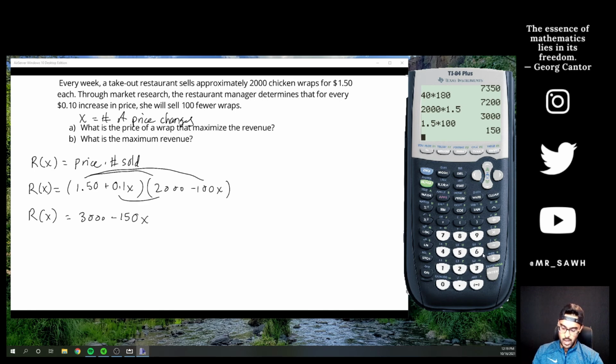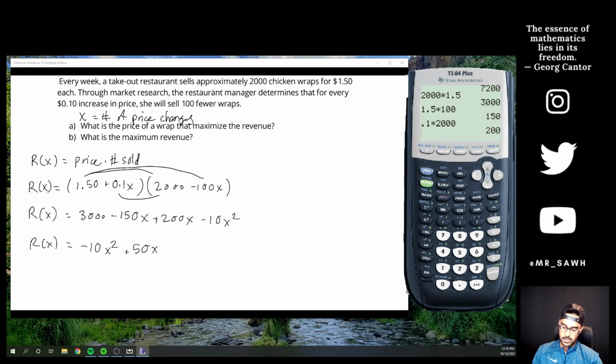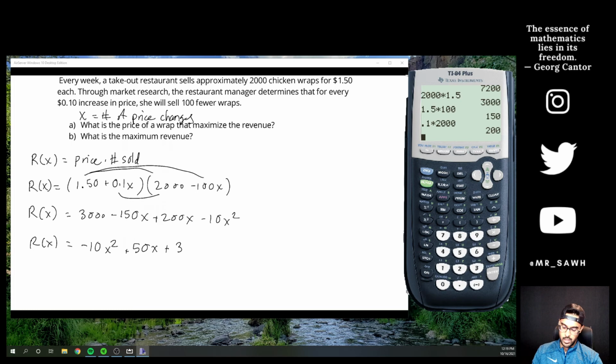Here, this will be minus 200x, I believe. Let me just double check, because we don't need to have what happened last time. Yeah, so plus 200, good thing I looked. Plus 200x, and then minus 10x squared. So if we rearrange and collect like terms again, we've got minus 10x squared plus 50x plus 3,000.